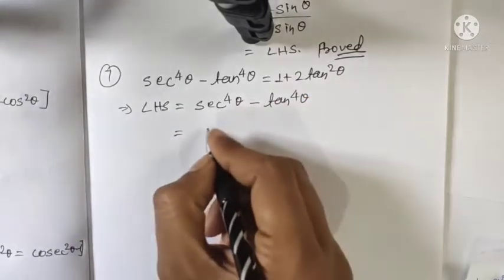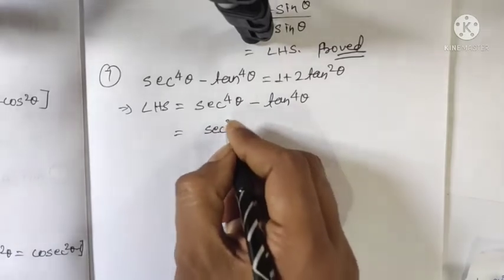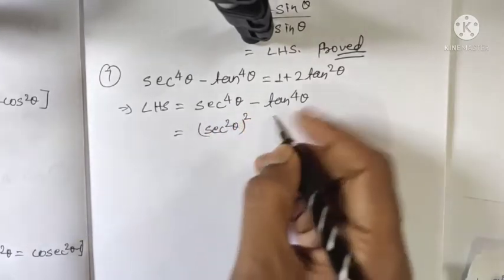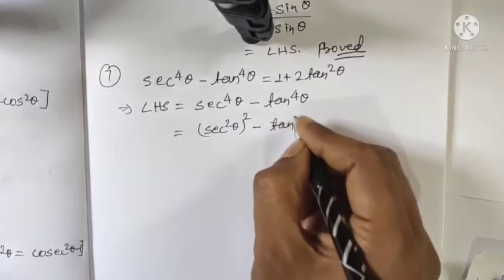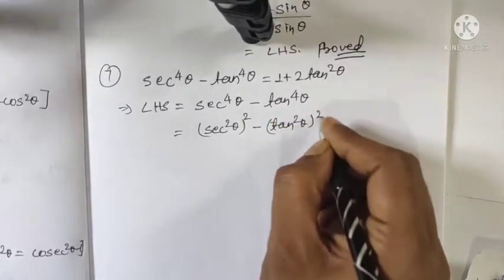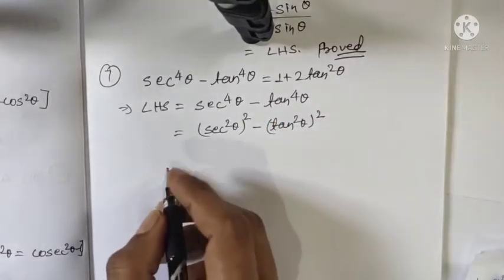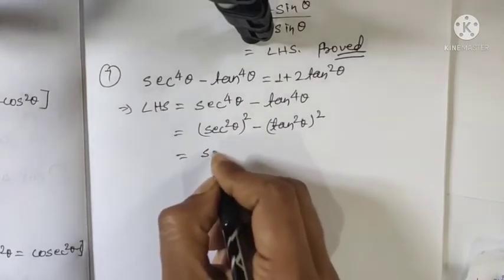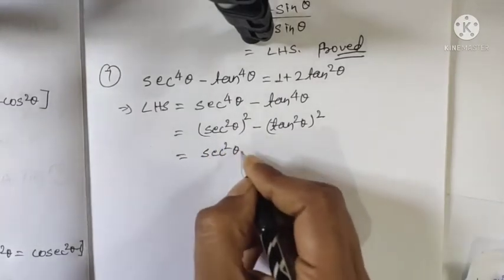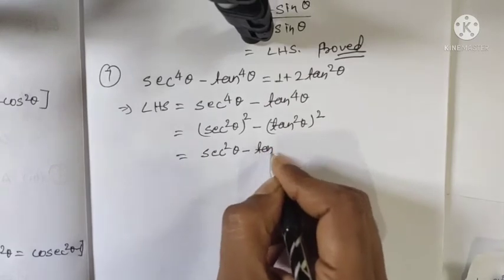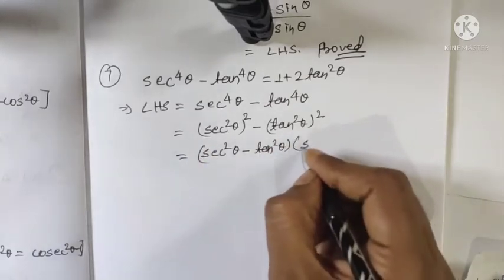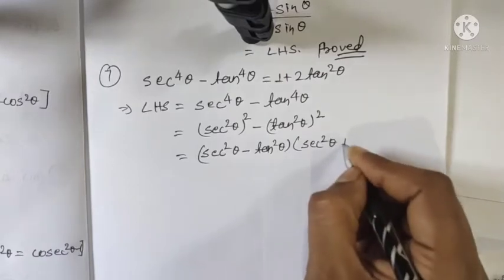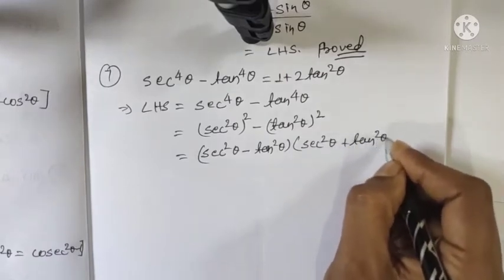Hence, we can write it as (sec square theta) whole square minus (tan square theta) whole square. Then it will be (sec square theta minus tan square theta) into (sec square theta plus tan square theta).